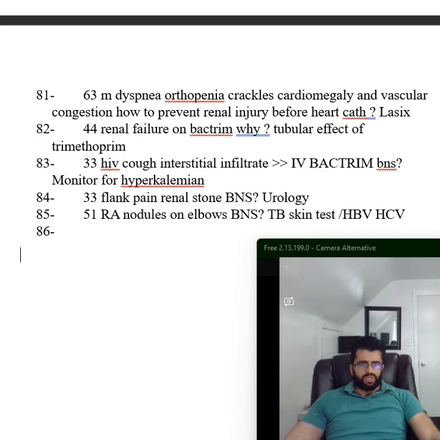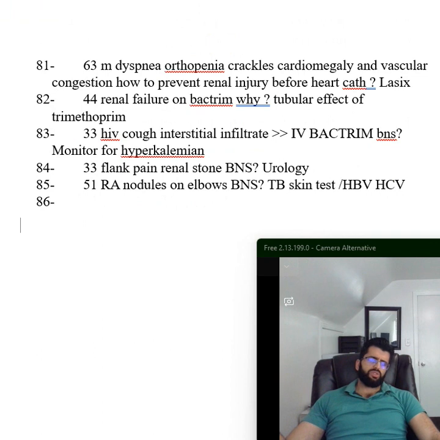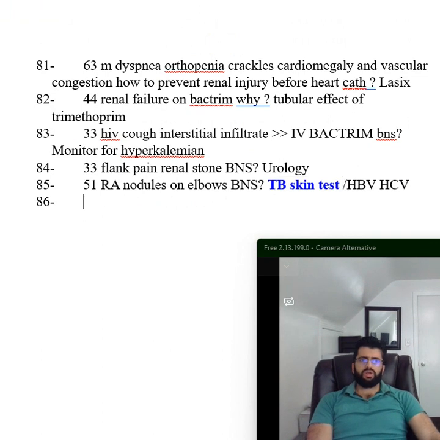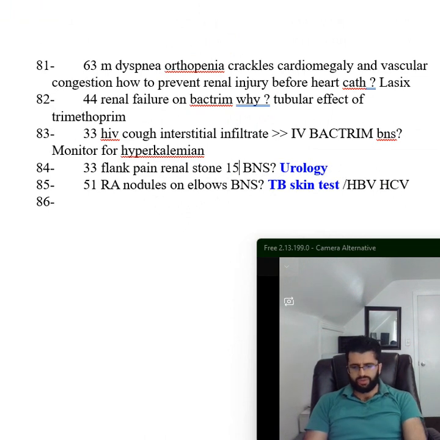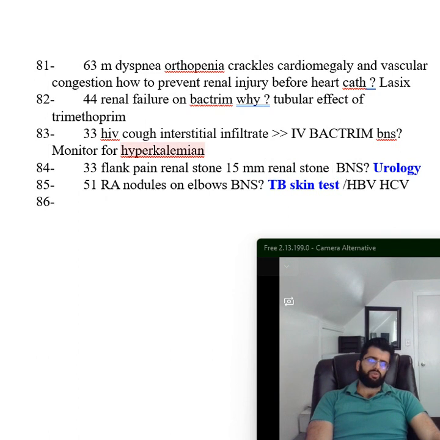Now to summarize what we discussed: before starting a TNF inhibitor, you do a TB skin test and hepatitis B virus testing. You do urology evaluation if there is flank pain and a renal stone, more than 5 millimeters. Somebody on IV Bactrim, you're going to monitor for hyperkalemia.